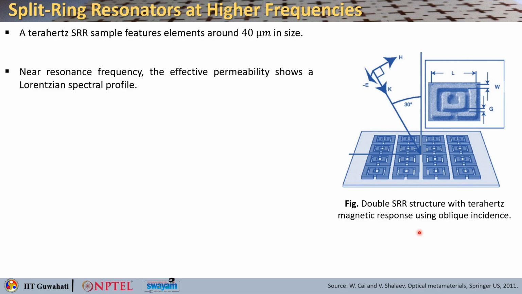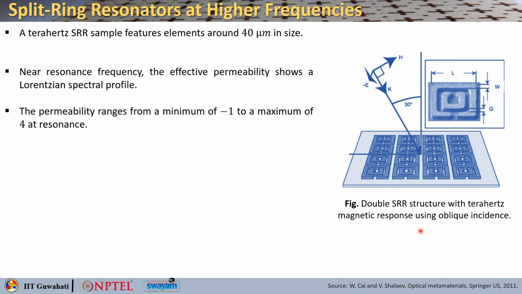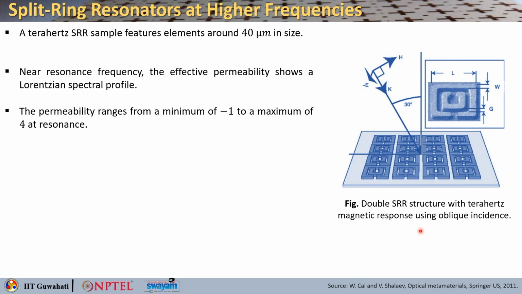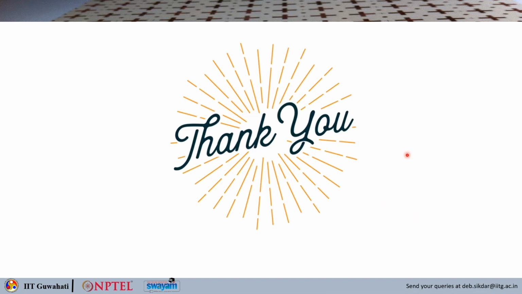Near the resonance frequency, the effective permeability shows a typical Lorentzian spectral profile, and the permeability ranges from a minimum of -4 to a maximum of 4 at resonance. So, you are able to get negative permeability at some particular frequencies, and you are also able to get permeability which is much larger than unity, okay, using this kind of structure.